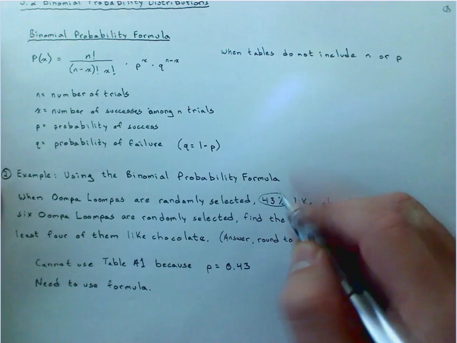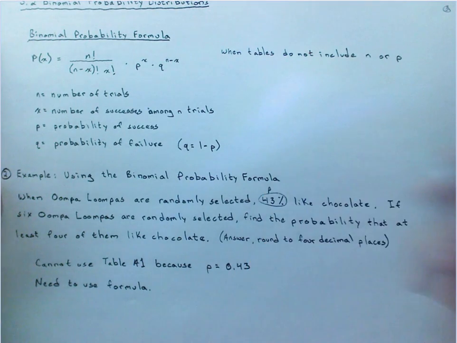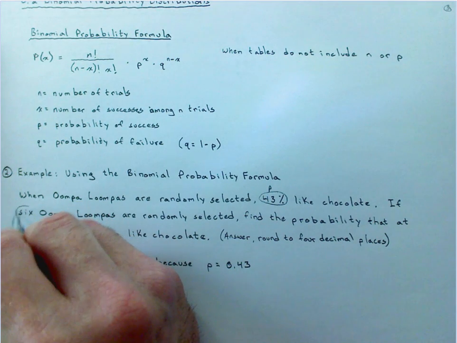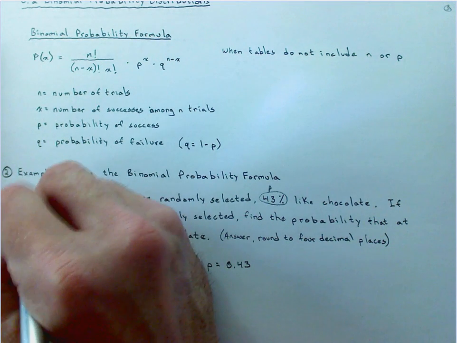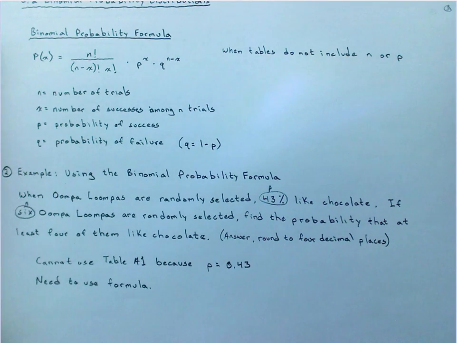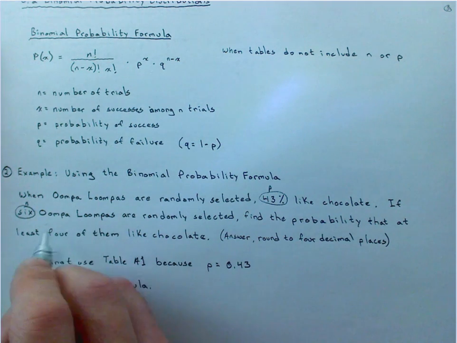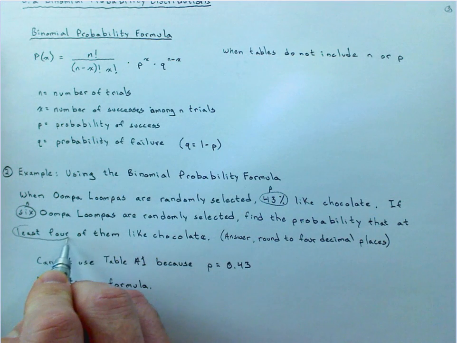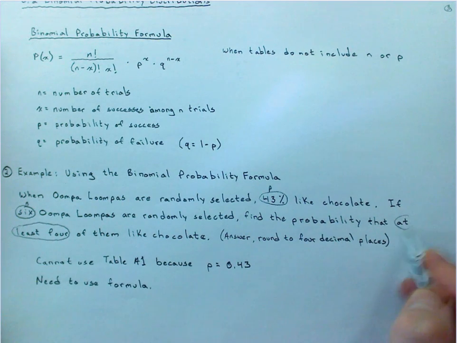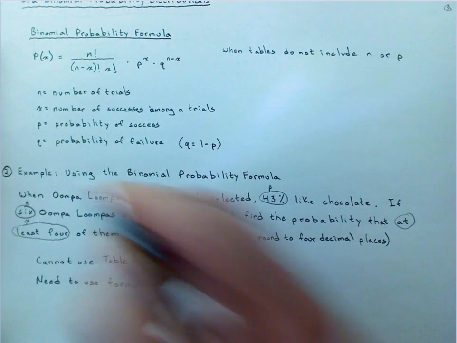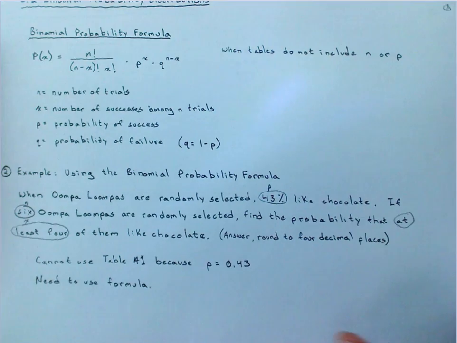The 43% is P. My number of trials is N. And then the probability that at least 4 of them, at least 4, that's X. The only calculation I have to do is for Q.